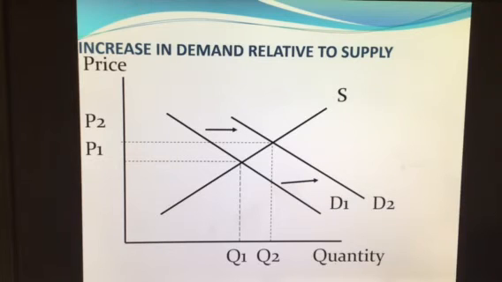Notice D1 defined an equilibrium price and quantity, P1 and Q1 respectively. And the new demand curve will now result in a higher equilibrium price, P2, and a higher equilibrium quantity, Q2. People want this item more, and they're willing to pay more, and you can see here that as a result, that increase in demand results in more goods being offered at a higher price.